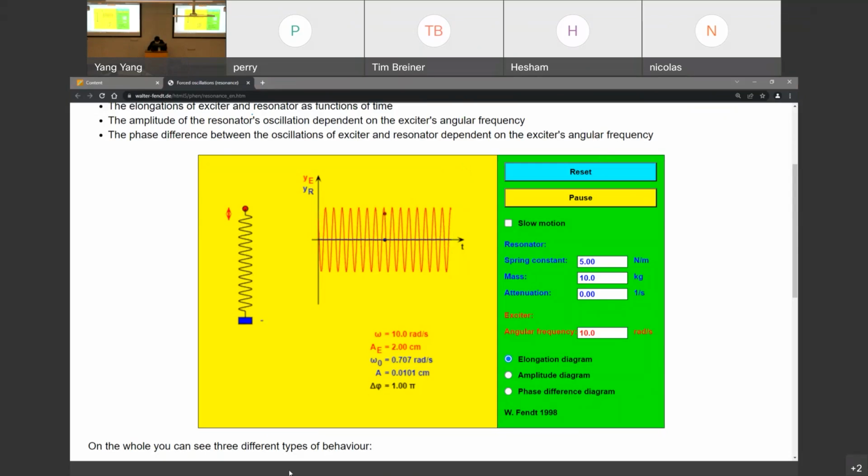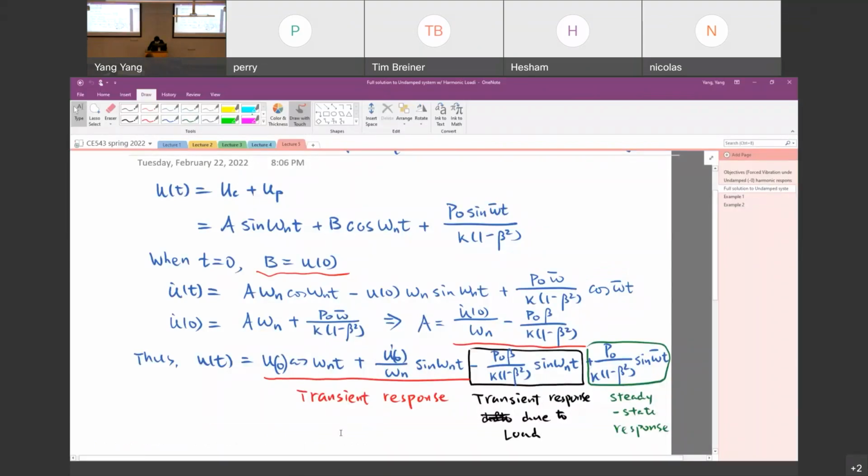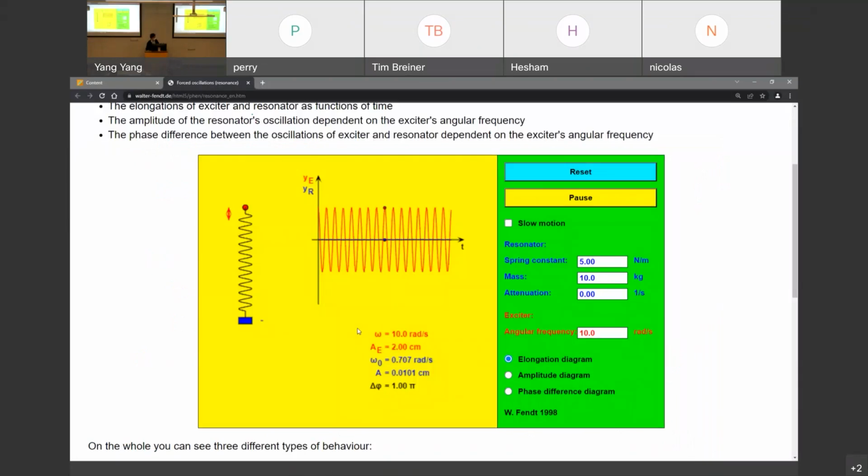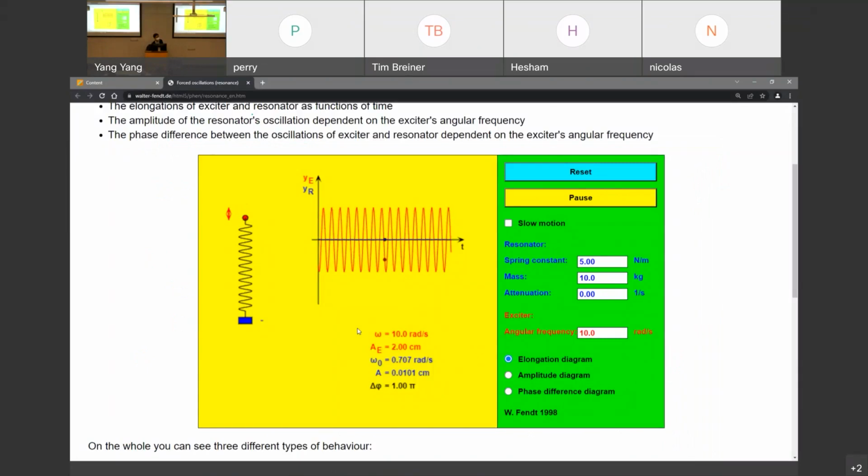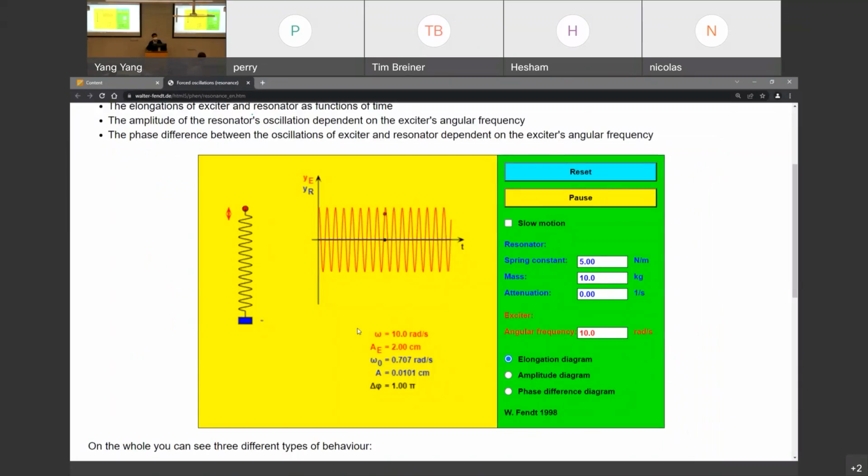As you can see from the animation we showed before the break, the response of the system depends on a lot of parameters such as the natural frequency and the frequency of the external force.